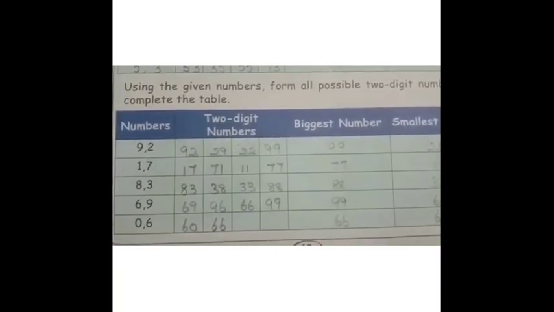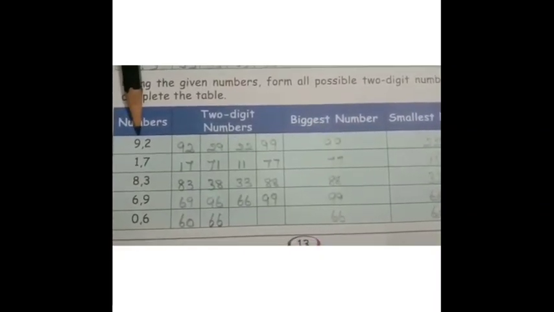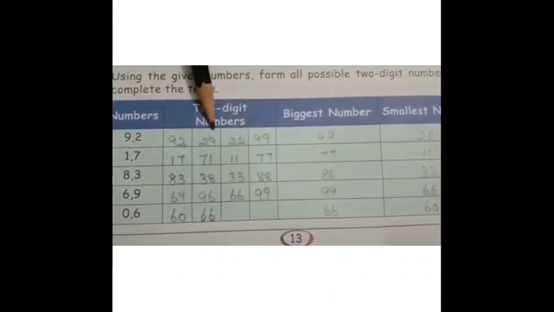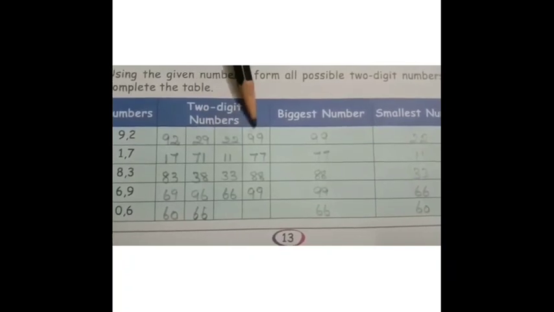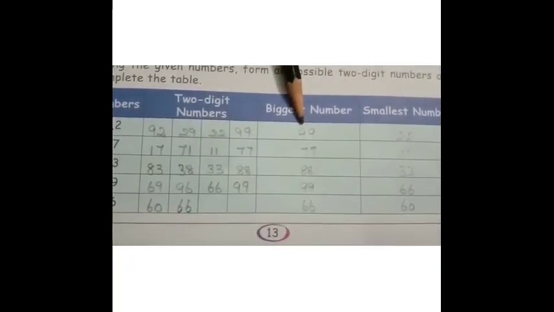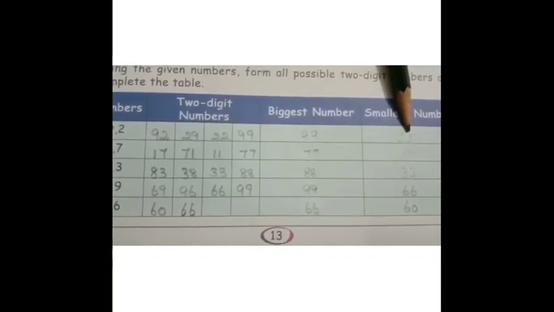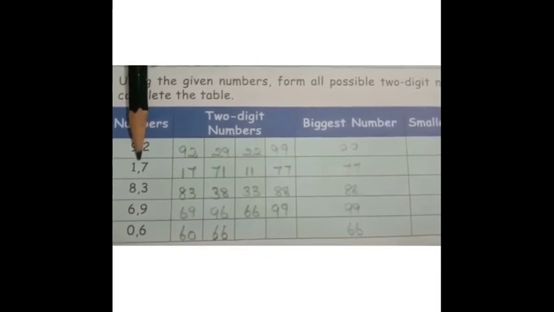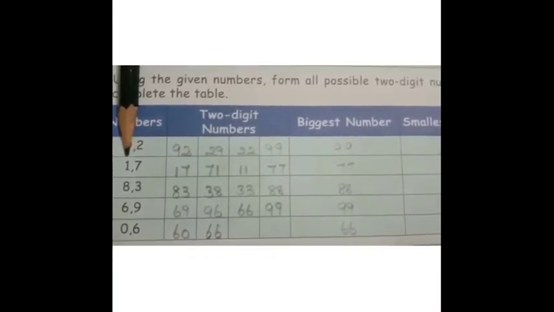First number 9, 2. The 2-digit numbers are 92, 29, 22, 99. Biggest number is 99. Smallest number is 22. Next, number 1 and 7.